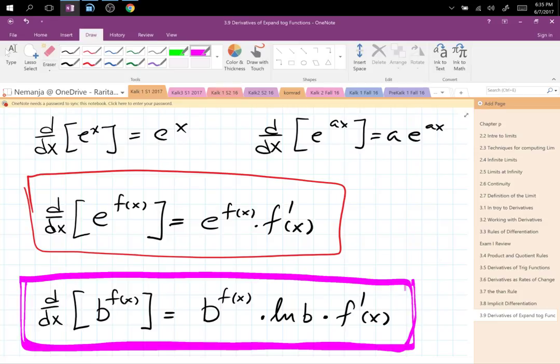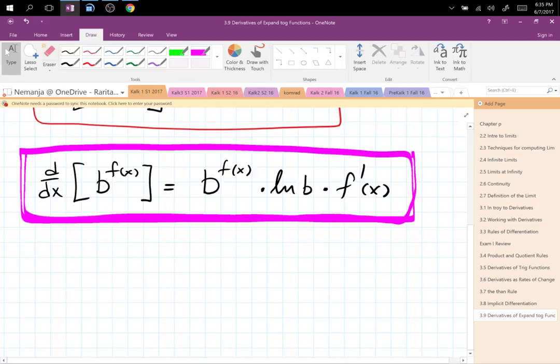So, anything other than e, right? Because when you have e, it simplifies to these formulas up there. But if you have anything else other than e, this is the formula, right? So, that's that.